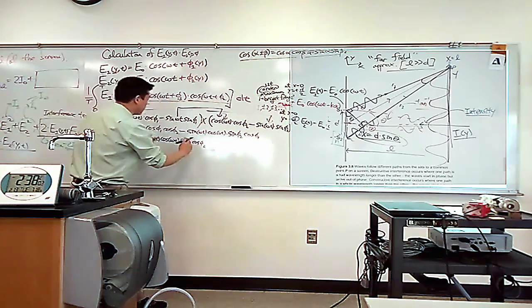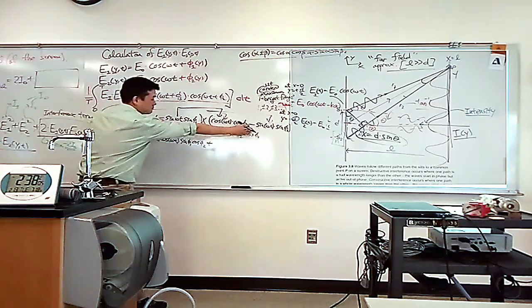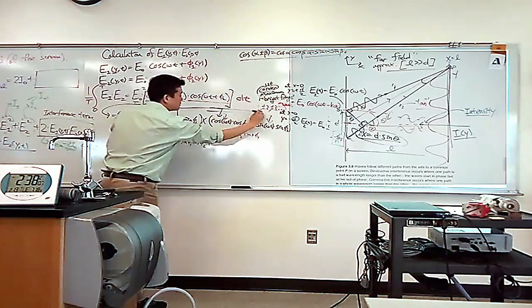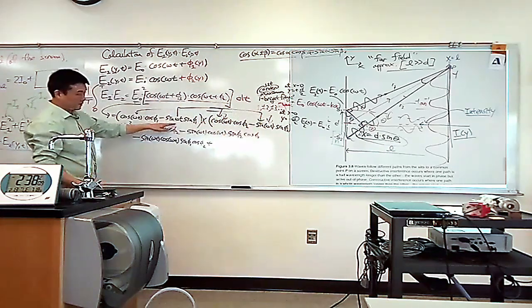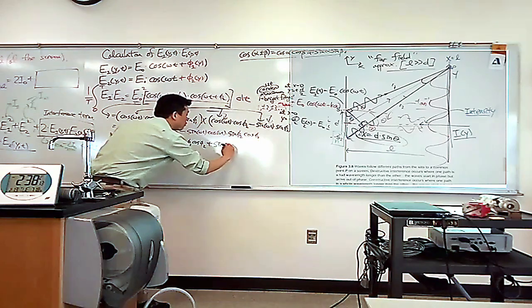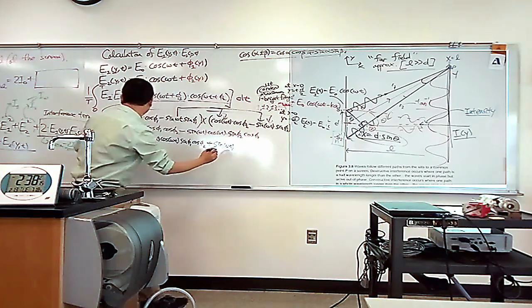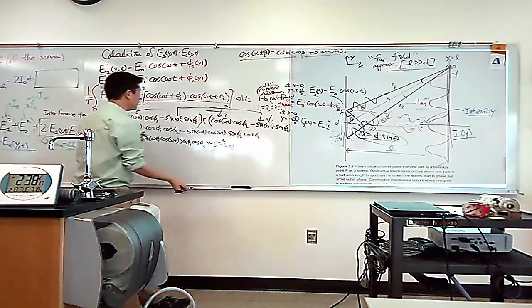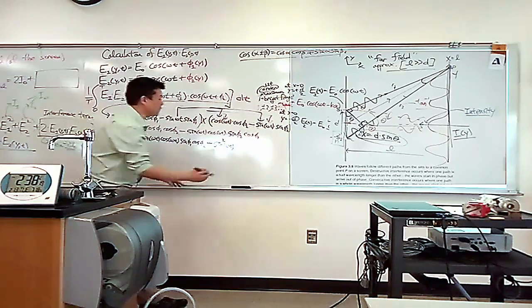The fourth and last term is minus times minus, so plus: sine squared omega t times sine phi1 times sine phi2.